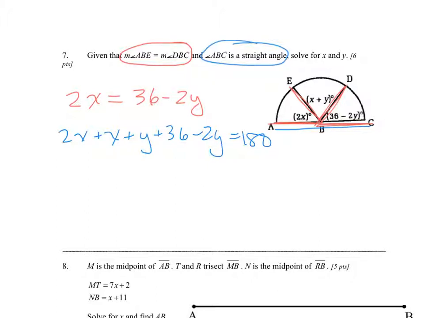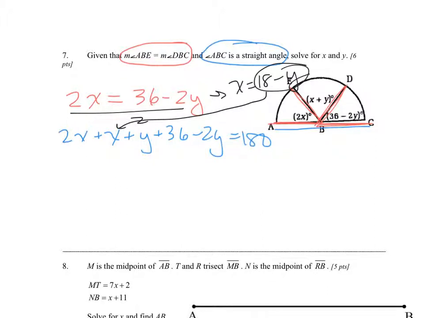Okay, and then we have our system of equations that we're going to solve. The first thing we're going to need to do is substitution is probably easiest. So we'll look at this equation and we'll rewrite it in terms of x. So we divide it all by 2. We get that x equals 18 minus y. And we could substitute that every time we see x in this equation.